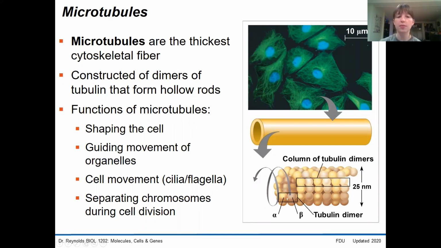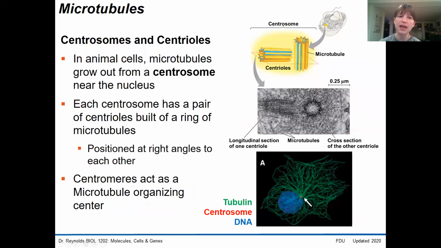They can also separate chromosomes during cell division. So the mitotic spindle, which some of you may remember from high school, that's the thing that those chromosomes are attached to when they actually divide during cell division, is composed of these microtubules. Each microtubule is organized around a central centrosome. It's a pair of what are known as centrioles.